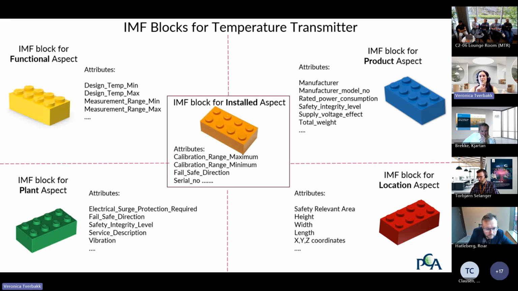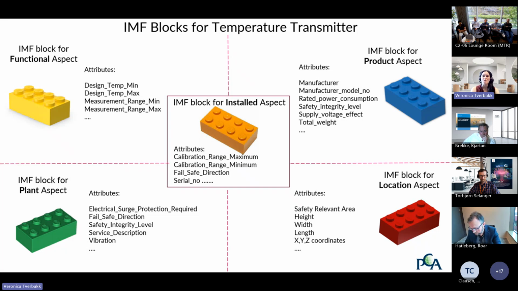If we have these different colored blocks that represent different aspects, the functional aspect could represent, of course, the function of equipment in an early life cycle phase of systems. The plant aspect can represent the requirements for the actual plant or facility where the equipment is going to be installed.